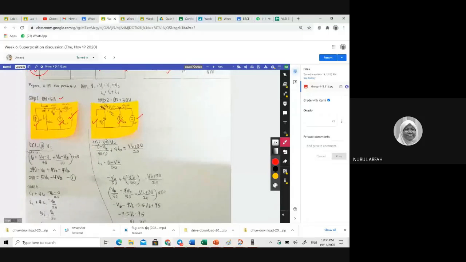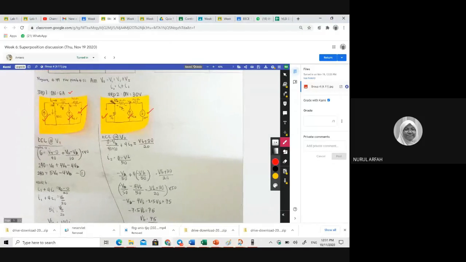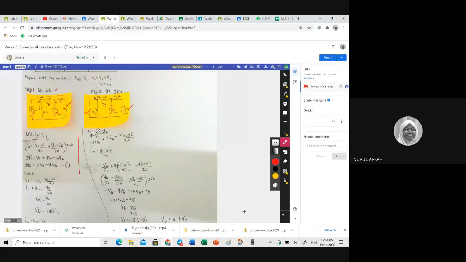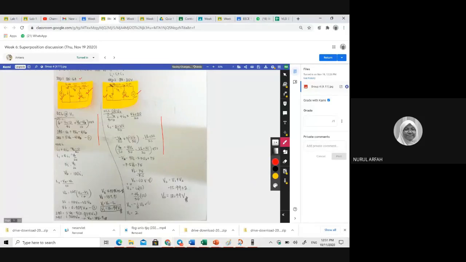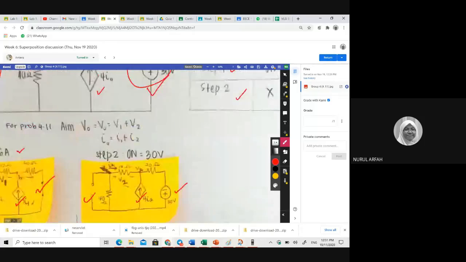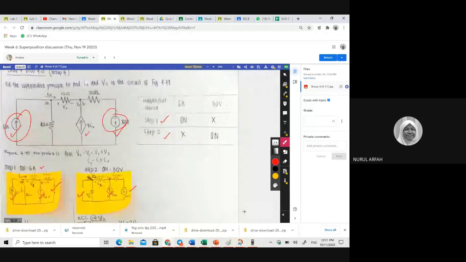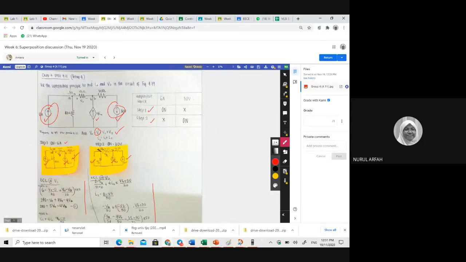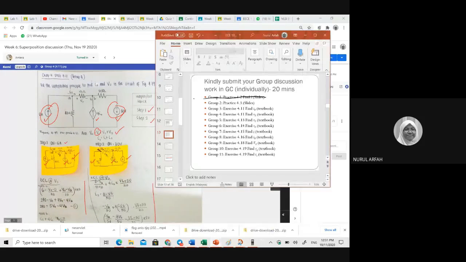And then we go to, okay, how to solve this. All right, okay. And yeah, this is good because our group number 4 mentioned this one, V naught is equal to V1 plus V2. Okay, let me check your question.